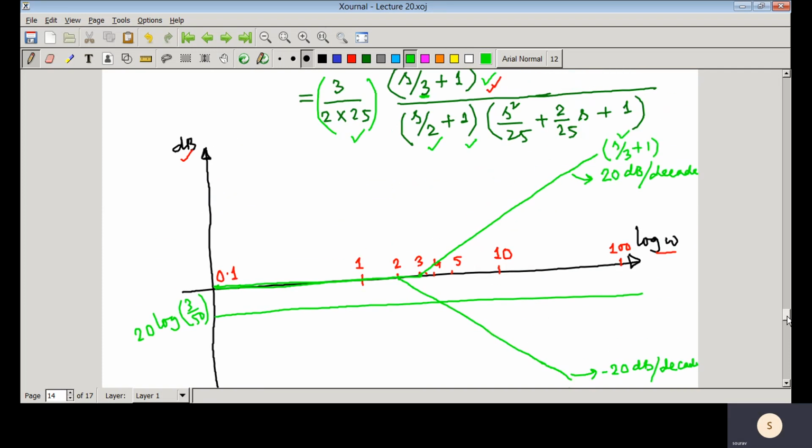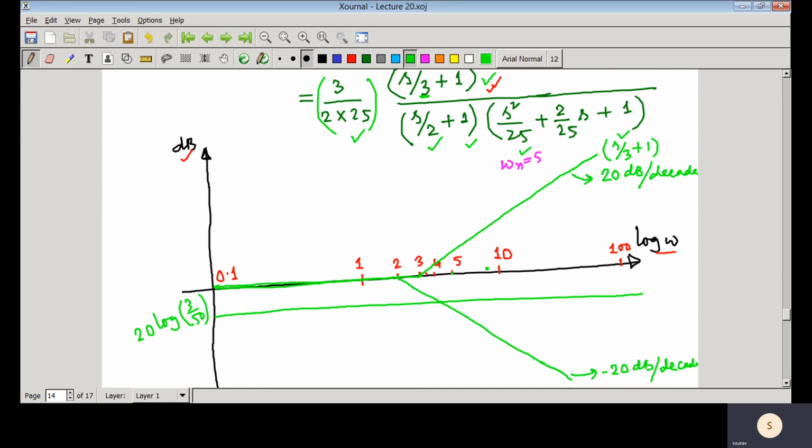So now let us see what would be the plot for this s square by 25 plus 2 by 25 s plus 1. Here we can see that omega n is 5 because that is omega n square, and as we have discussed, the corner frequency would be omega n. So the corner frequency is 5 here.